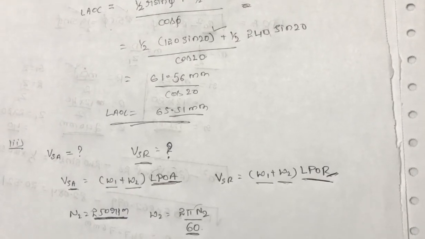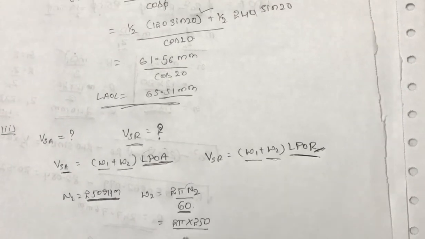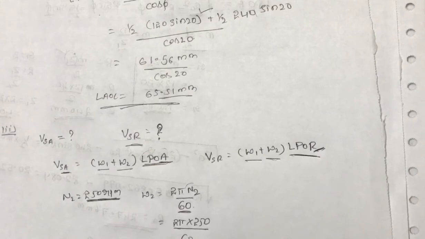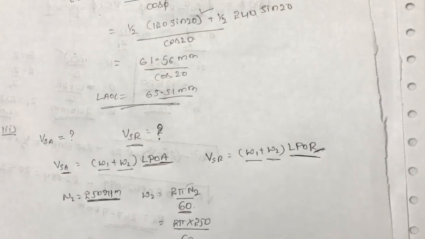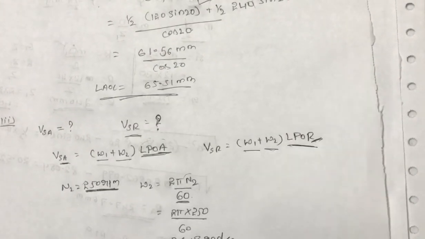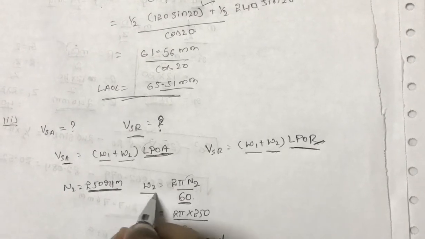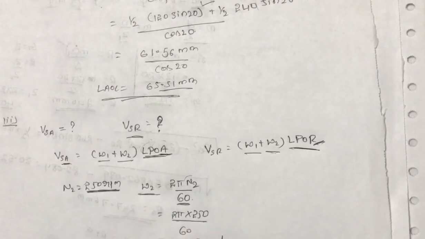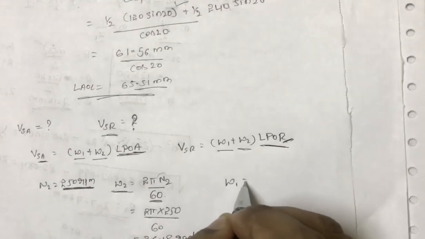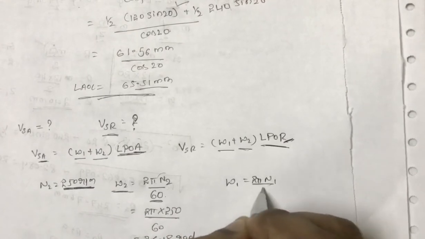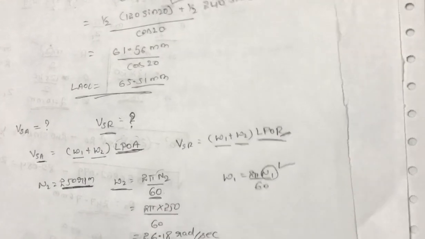This is in rpm. So if you substitute 2 pi into 250 rpm divided by 60, you'll get omega 2 is equal to 26.18 radian per second. So we got the value of omega 2. Now we have to find out omega 1. For omega 1, 2 pi N1 divided by 60, but we don't know the value of N1.